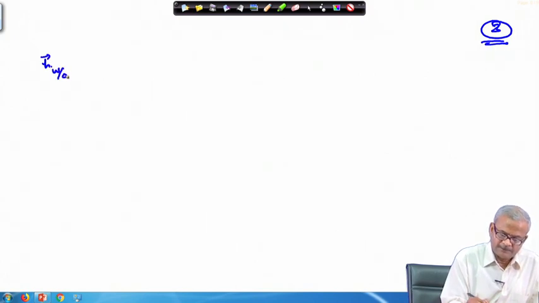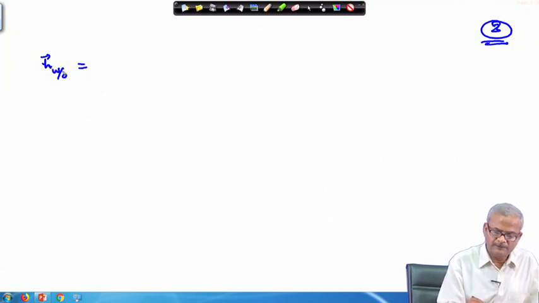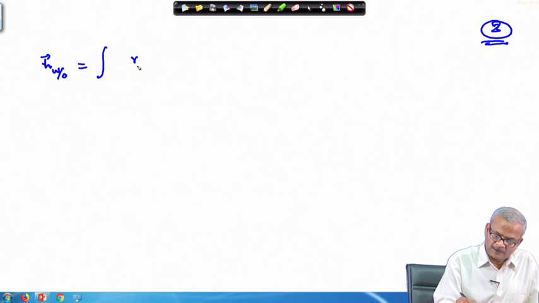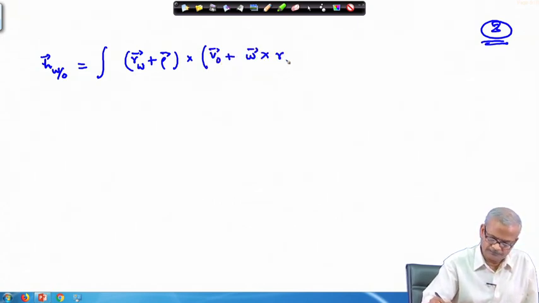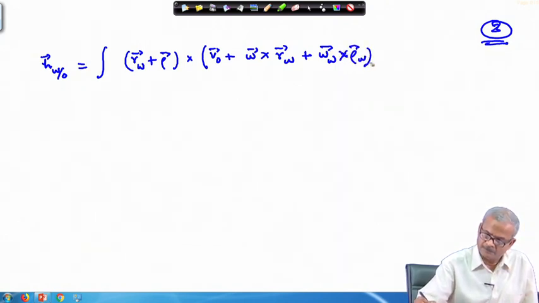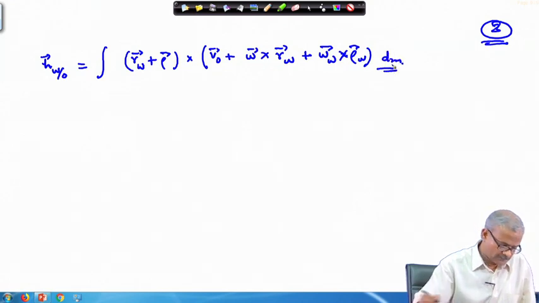So, h, the angular momentum of the wheel about point O, we have written as r w plus rho cross v 0 plus omega cross r w plus rho w d m.